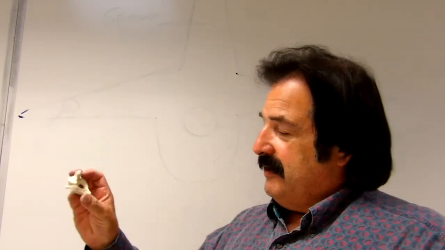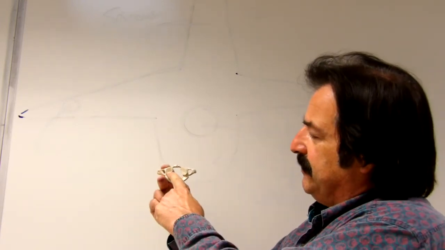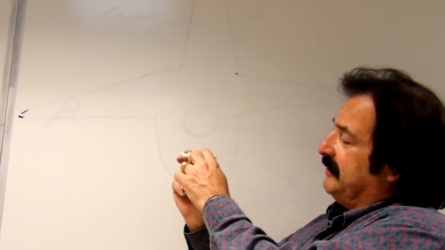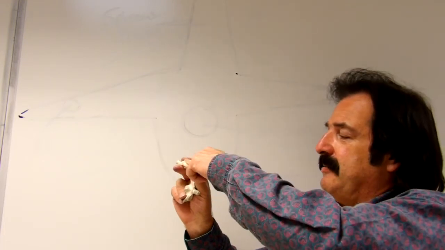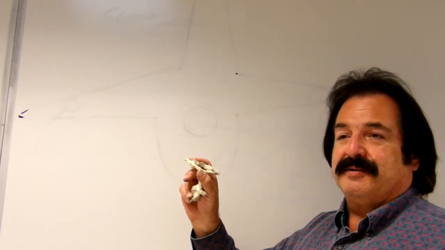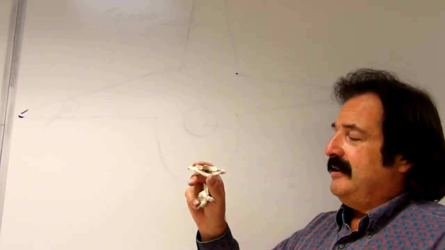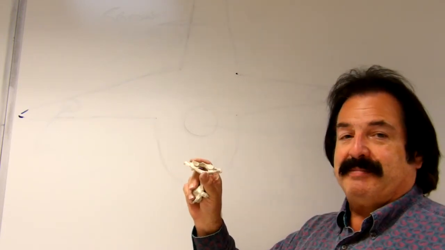This allows, here is C1 and here is C2. C1 has these little flat spots right here. These are the superior articulating processes. Something sits on top of these two flat spots, and this is where they articulate or where they join. It happens to be the skull that actually sits right up on top of this.